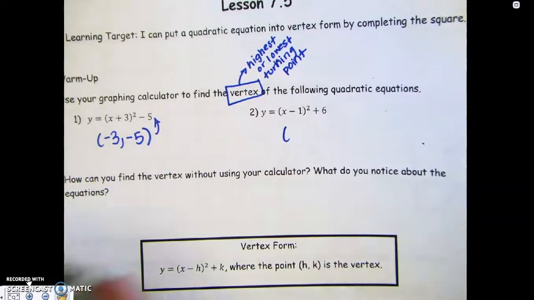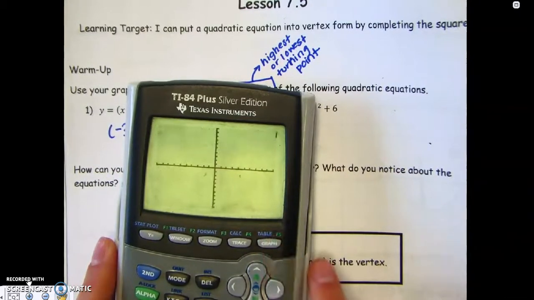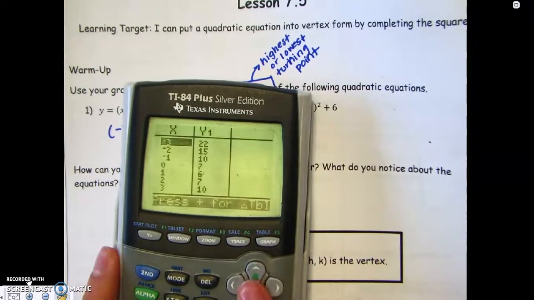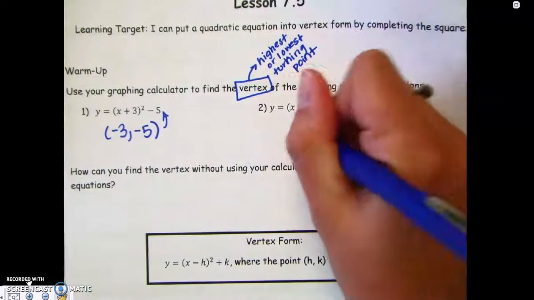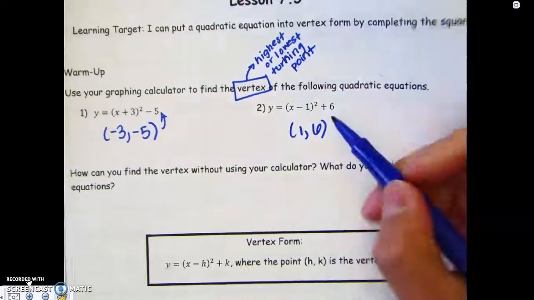Oops, I think I typed this in wrong. I'm sorry, this should be minus. So the parabola should be there, and the lowest point will be 1, 6. So that's my vertex for that equation.